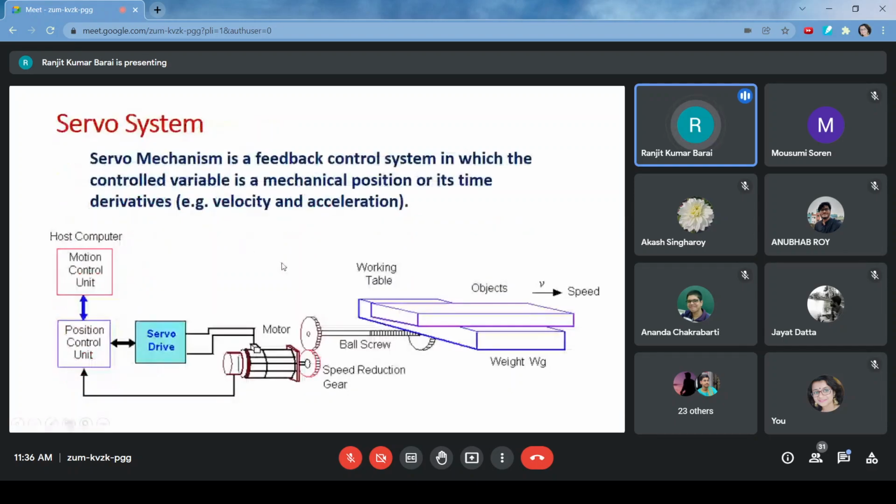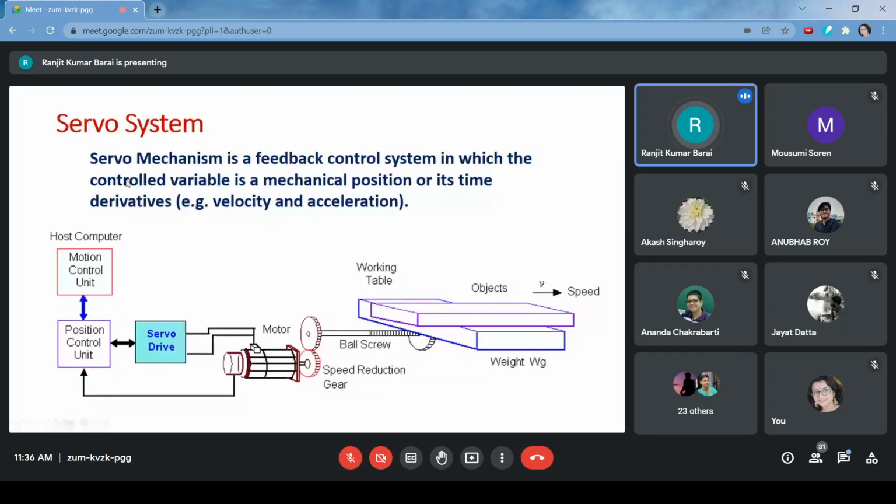A servo system, also called a servo mechanism, is an electromechanical system where a feedback control system is utilized, in which the control variable, that means the position, the speed, acceleration, etc., of an electromechanical or mechanical system is controlled.